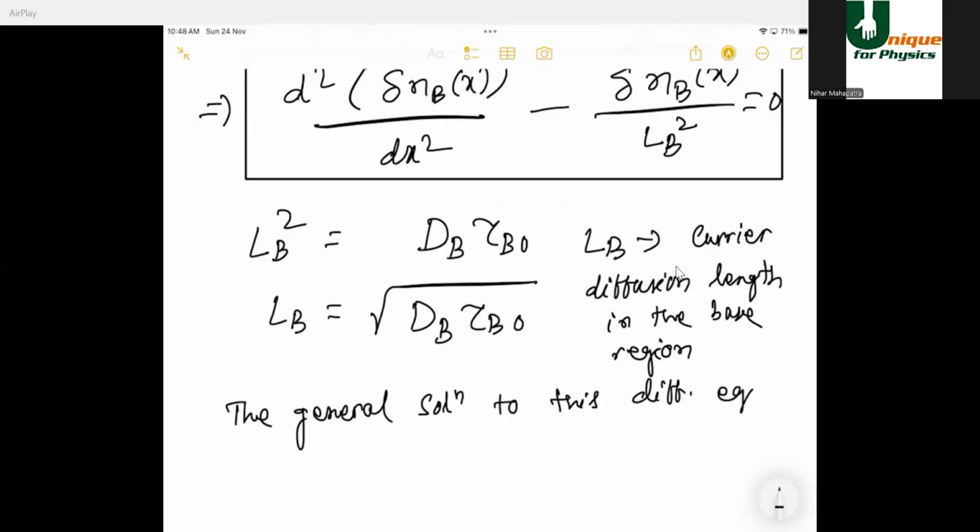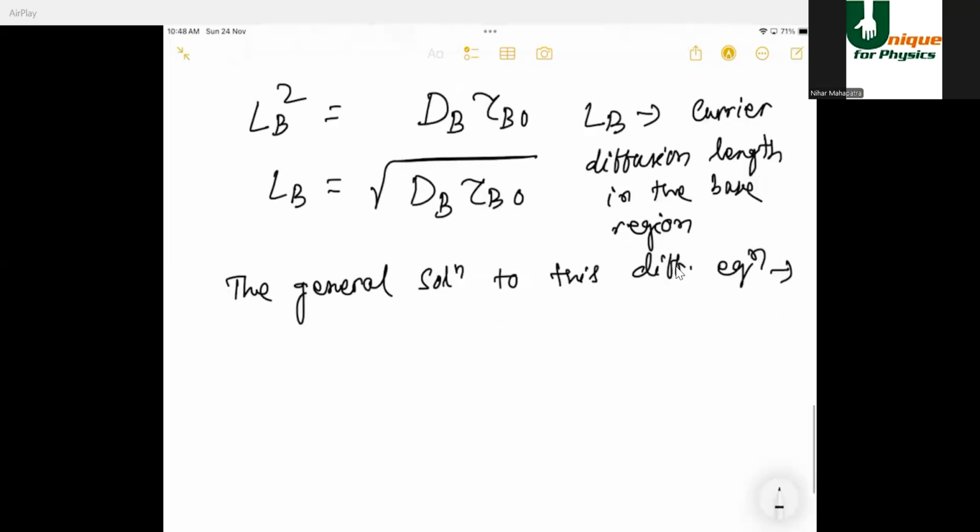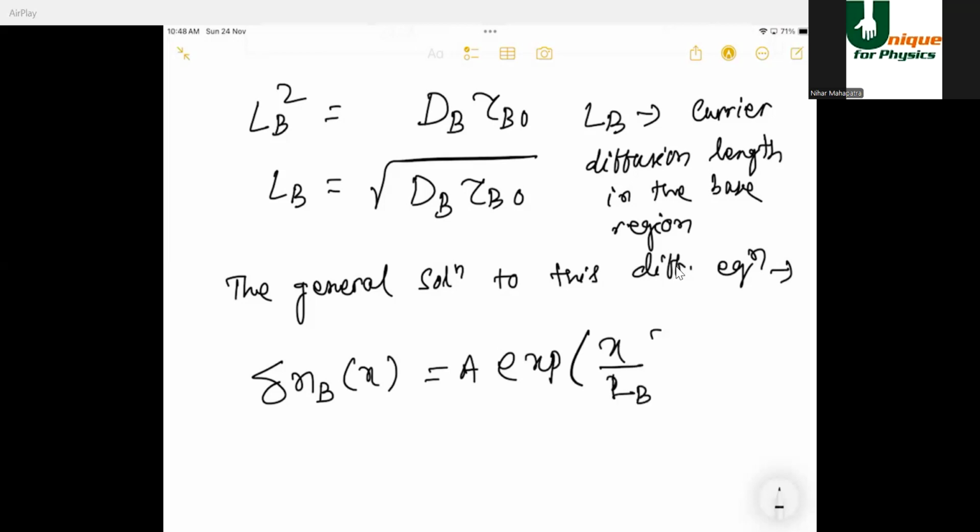Delta NB is our variable, delta NB as a function of x can be written as a e to the power x upon LB plus b exponential of minus x upon LB. This is a general solution.